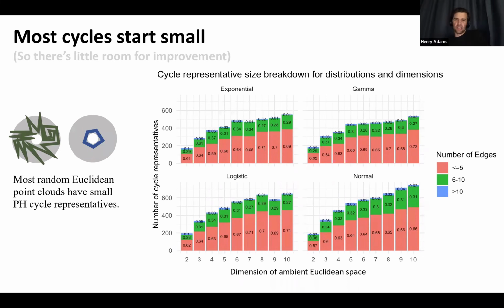Okay, I see. Meaning that if most cycles start small, then for those cycles, there might not be as much room for improvement as for the other cycles. Yeah. And this is just looking at what was spit out by the persistence algorithm without doing any optimization.